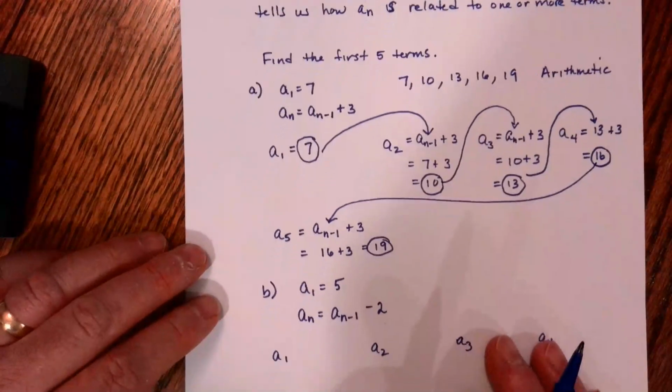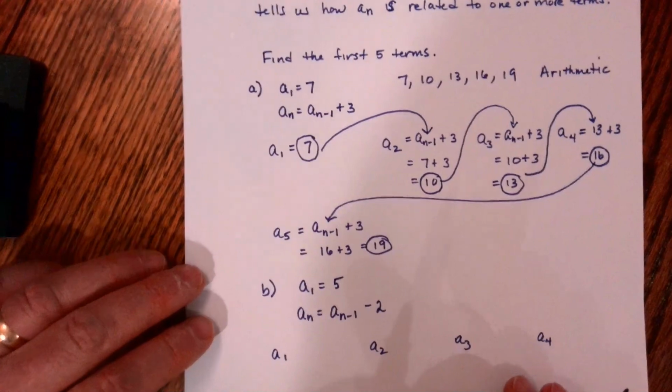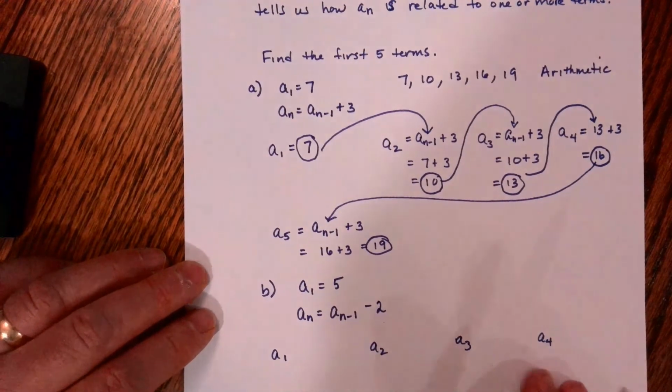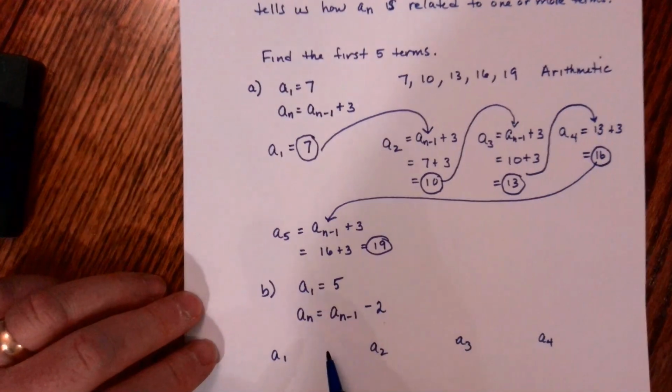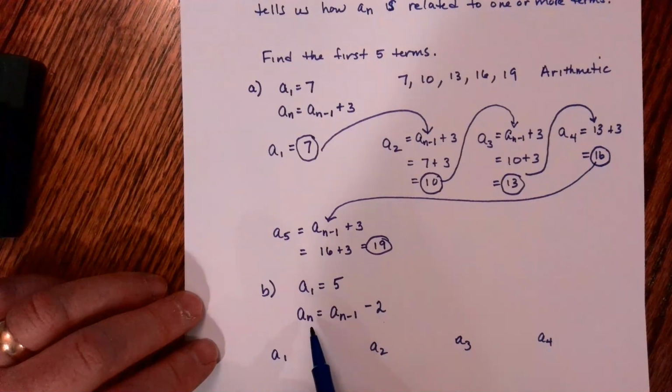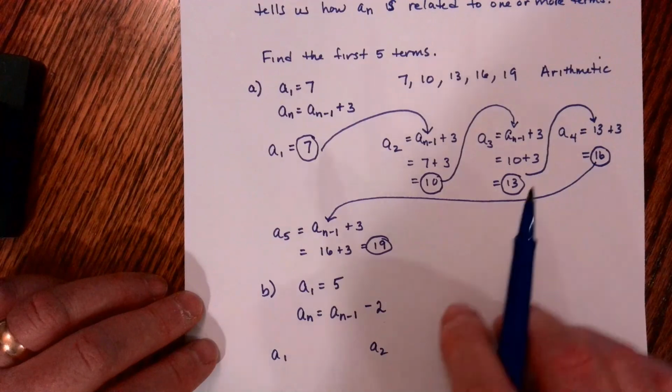Why don't you try B? The first term is 5, and the equation that relates the rest of your terms is a sub n is equal to a sub n minus 1 minus 2. See if you can figure out what the next values would be.